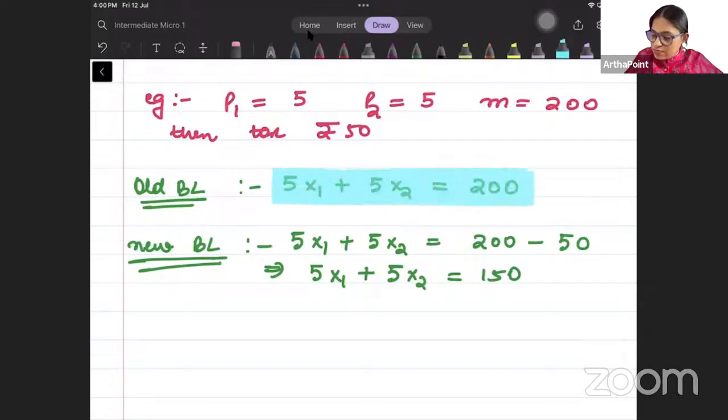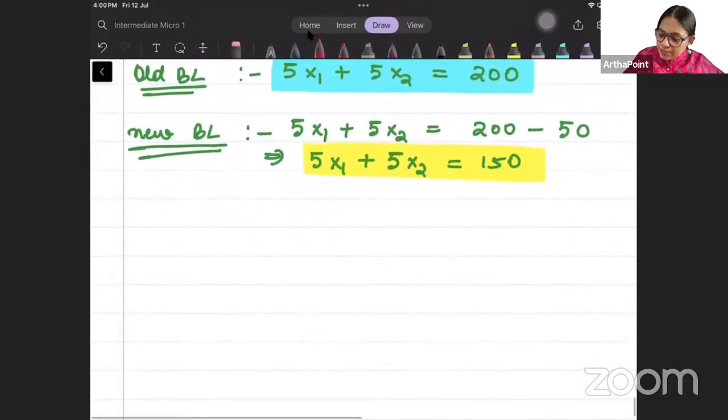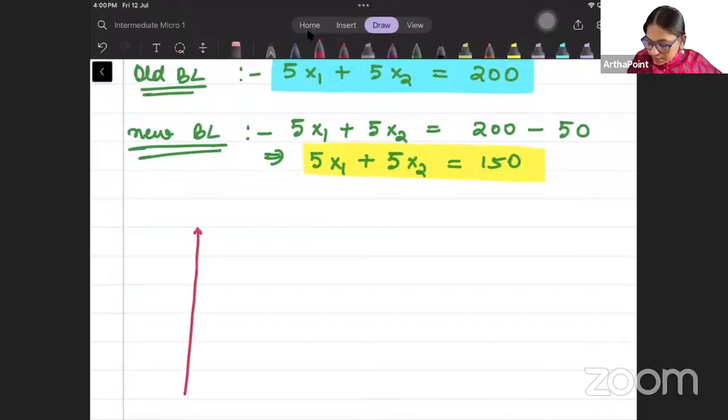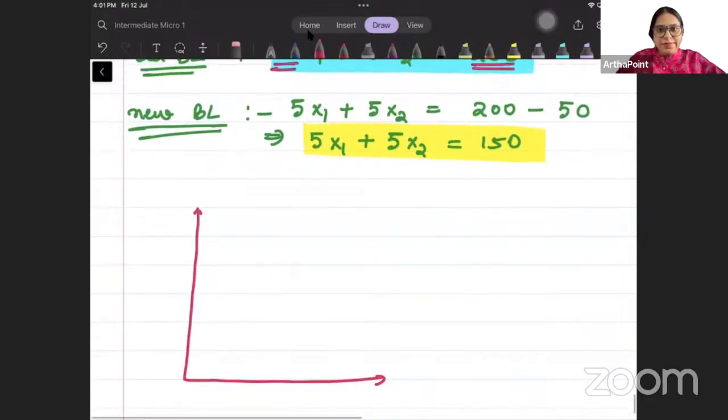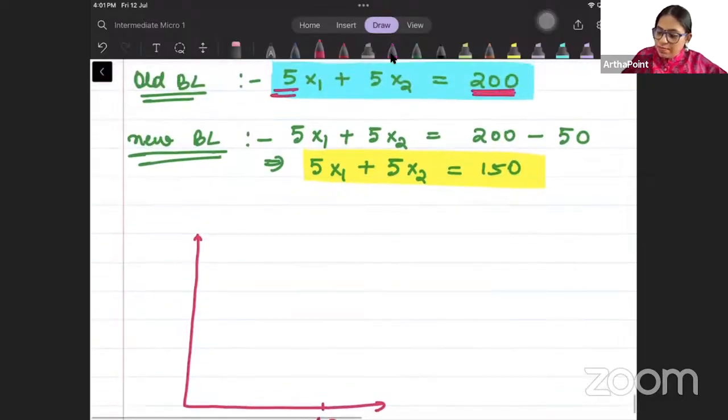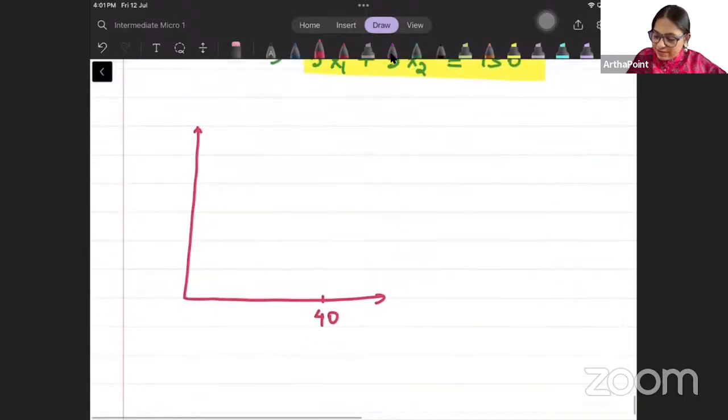Old budget line, new budget line. Let's plot, beta. How will I plot this? M by P1, 200 divided by 5 will be 40. M by P2, 200 divided by 5 will be 40.